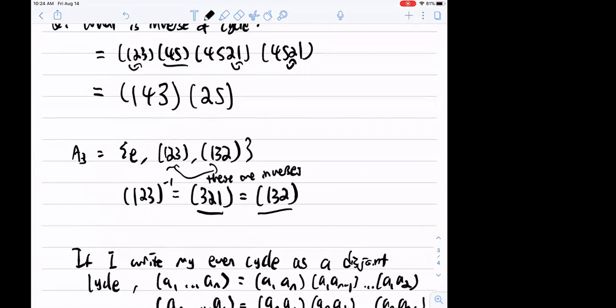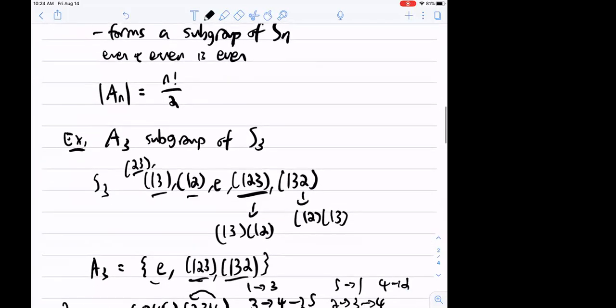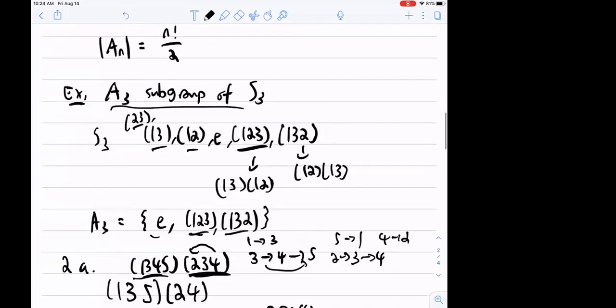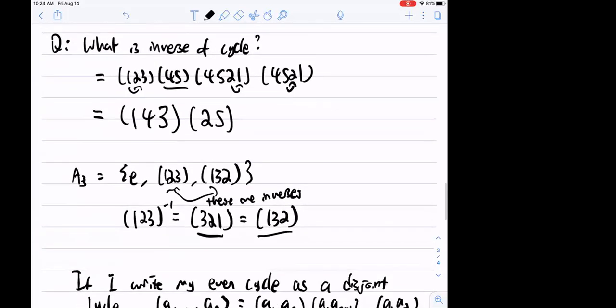The claim was that A3 forms a subgroup, or in general, if you form a subgroup, you must have inverses. So what's the inverse of this? It's either itself or this one.